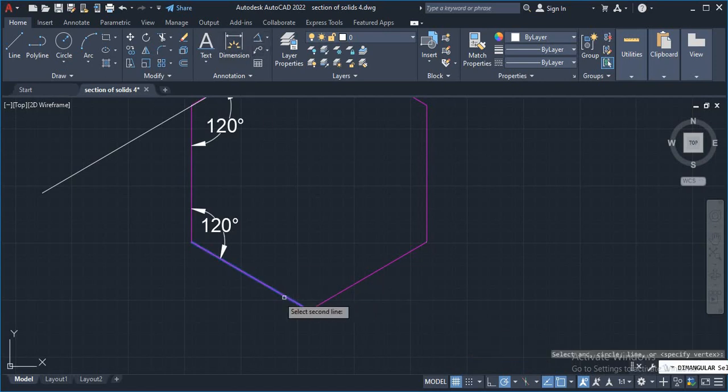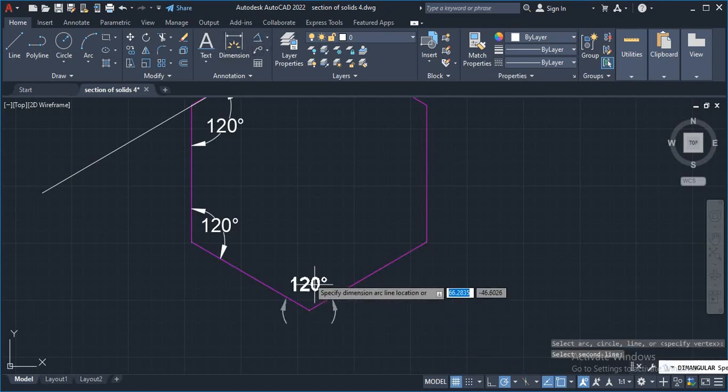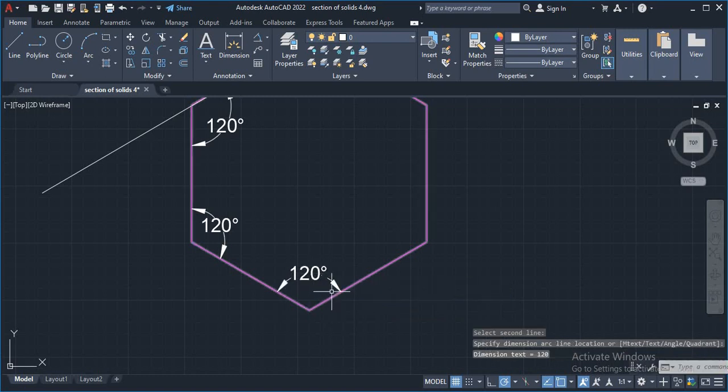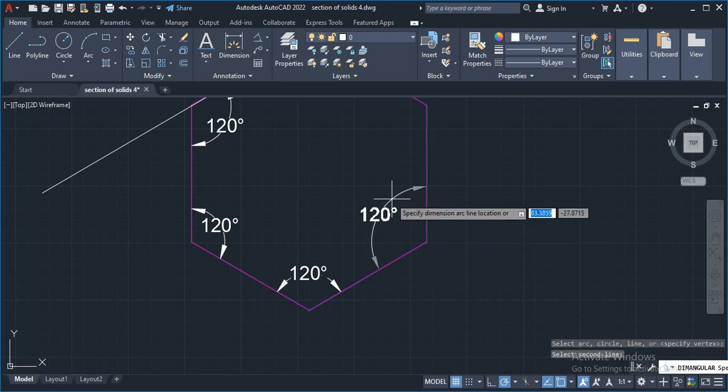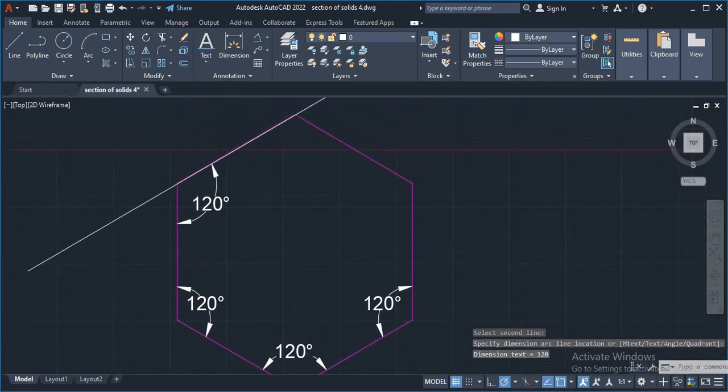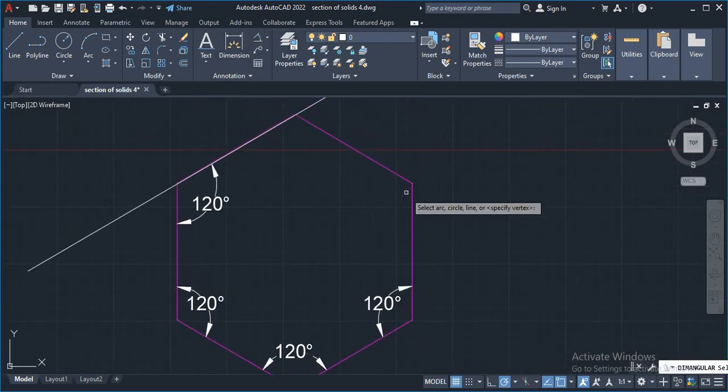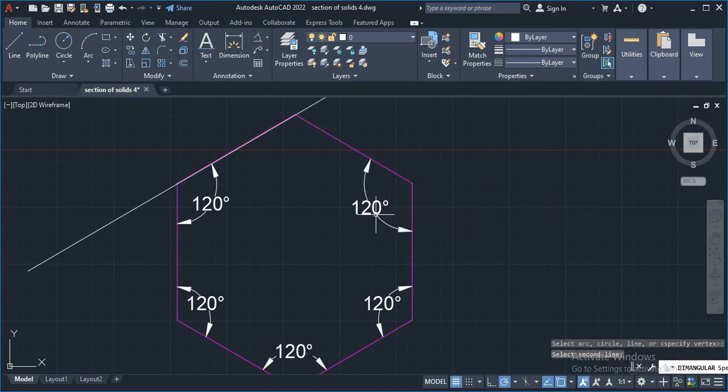again measure from this line, you take 120 degree, draw the line, and then take 120 degree from this line. Keep your protractor at this line and measure 120 degree. Similarly, keep your protractor in this line and take 120 degree. You can complete the hexagon.